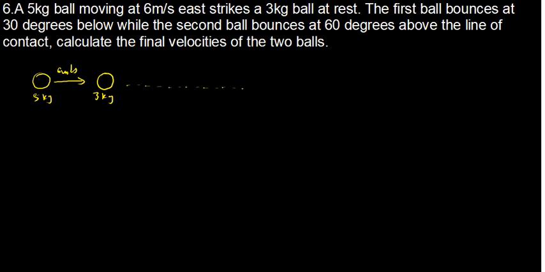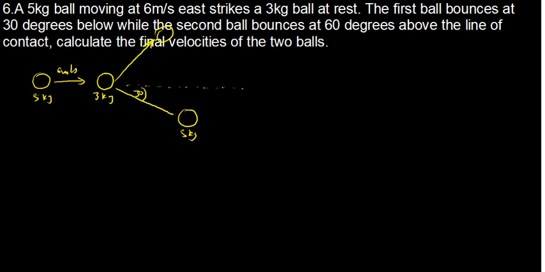Now the first ball, which is the 5 kg ball, bounced at 30 degrees below, so it goes like that. This is the 5 kg ball at 30 degrees below the line of symmetry, and then the second ball bounced at 60 degrees above, so this one is going to go above.